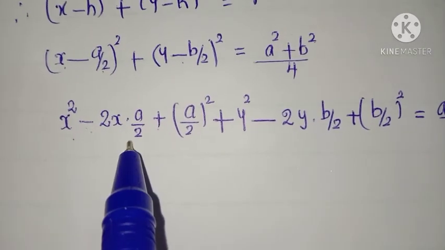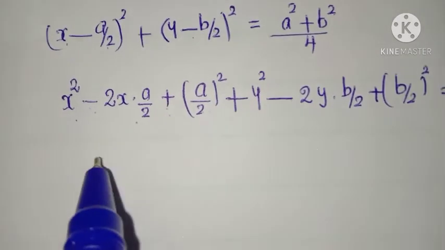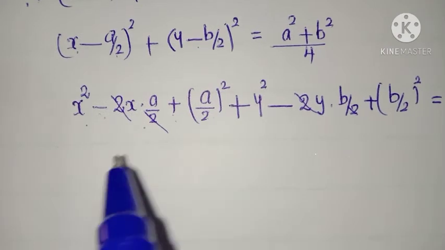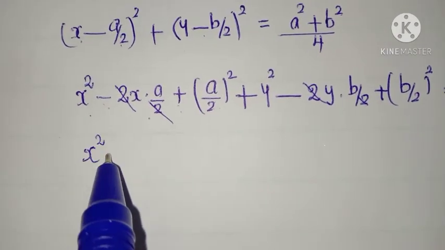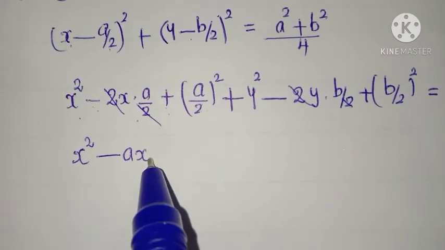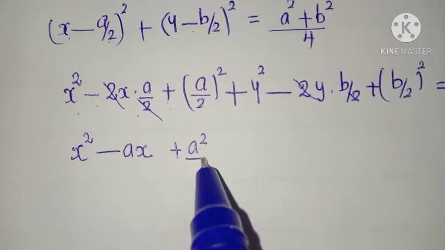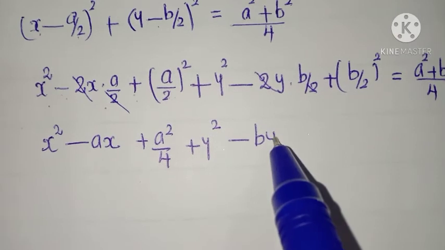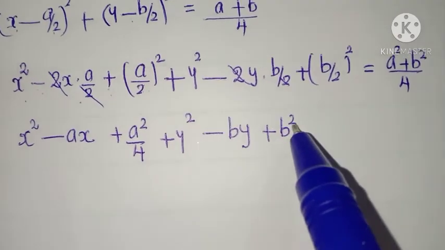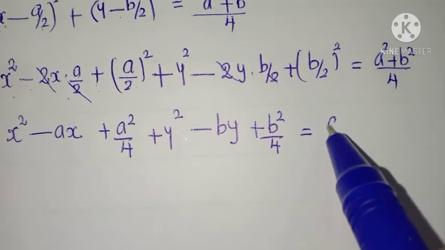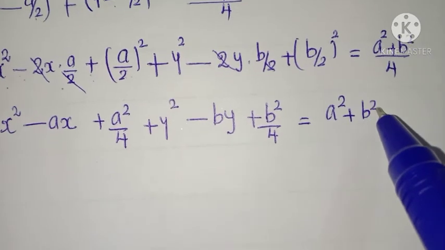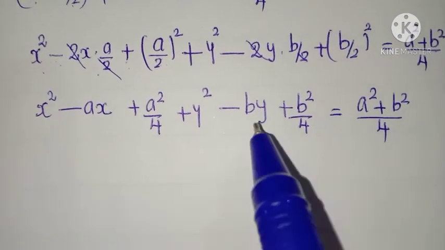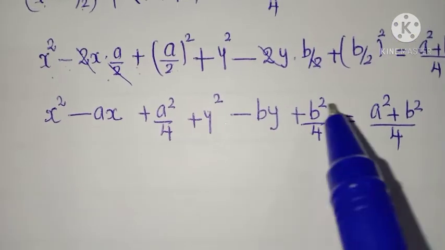Here we can cancel 2 and squaring. We can see that x square minus ax plus a square by 4 plus y square minus by plus b square by 4 equals (a square plus b square) by 4. Now to avoid this fraction form, throughout multiply by 4.